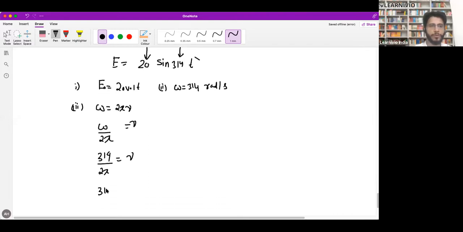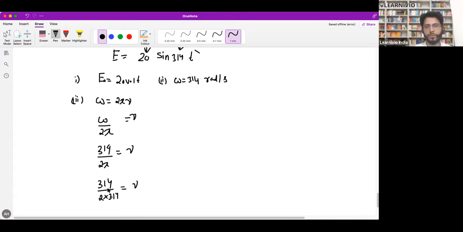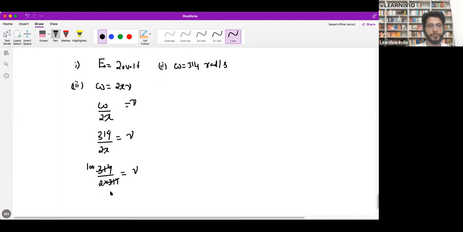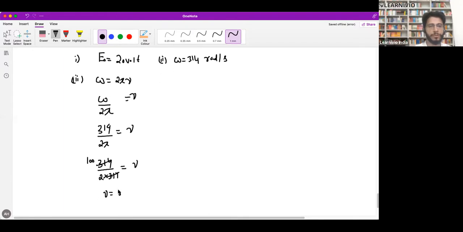How much is pi? Pi is 3.14. When you divide 314 by 3.14, it's 100. Frequency comes out to be 50 hertz.